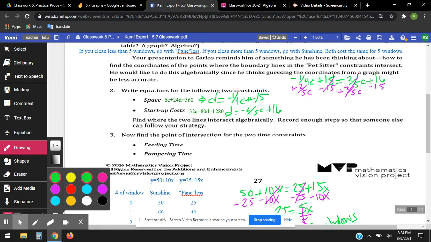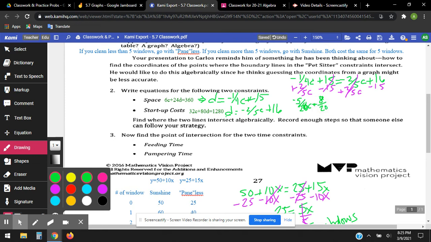So 1/4 plus 2/5: I've got to find my common denominator, that's 5/20 plus 8/20.